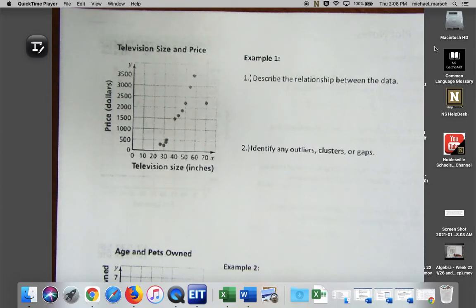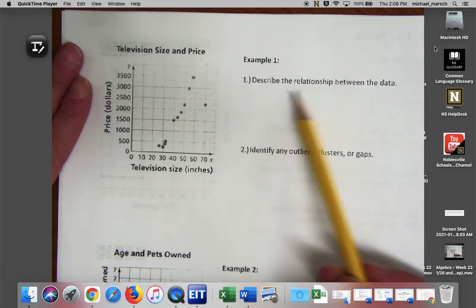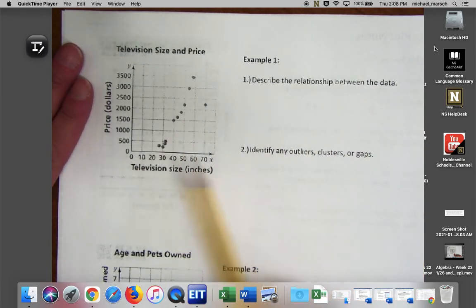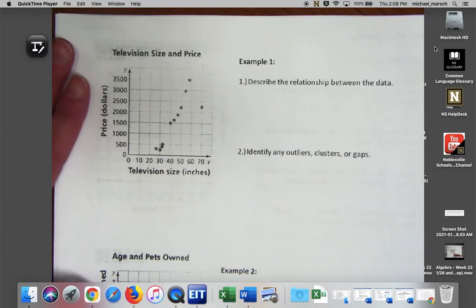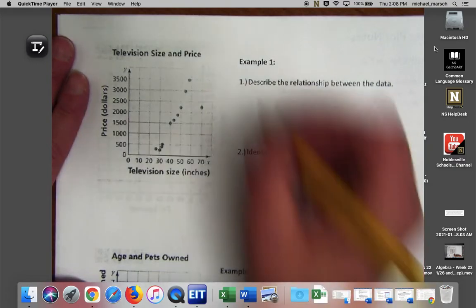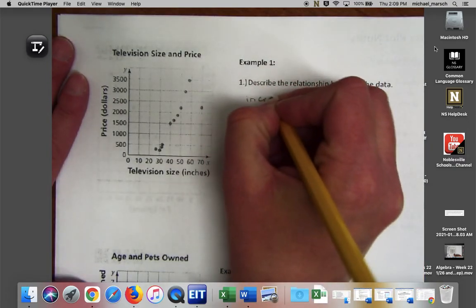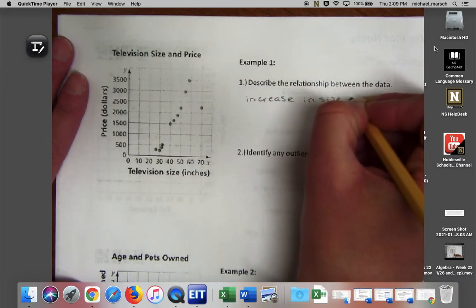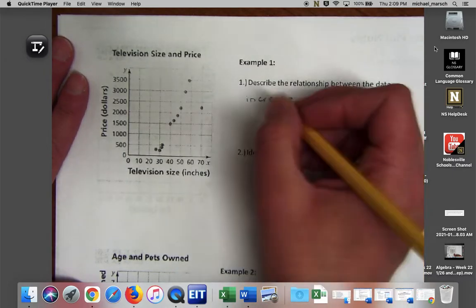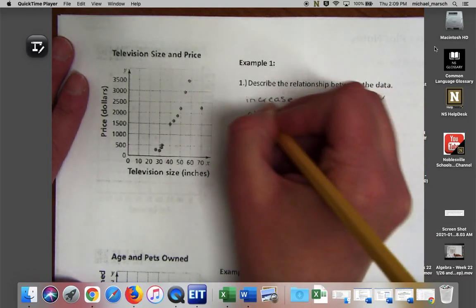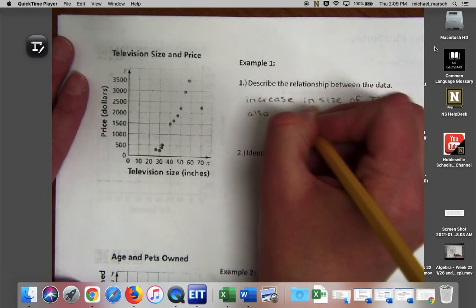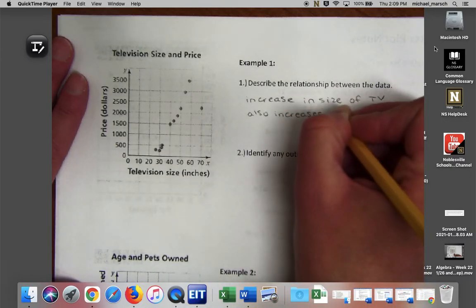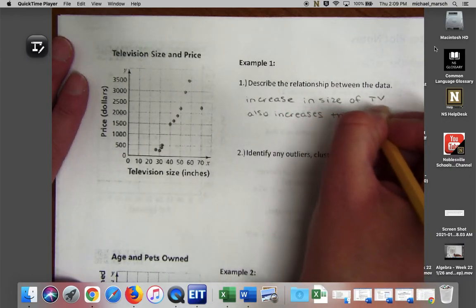Okay, all right, let's talk about this. What's the relationship between the data? Does anybody see anything happening here? The bigger the size, the higher the price. Okay, so an increase in size of TV also increases the price.